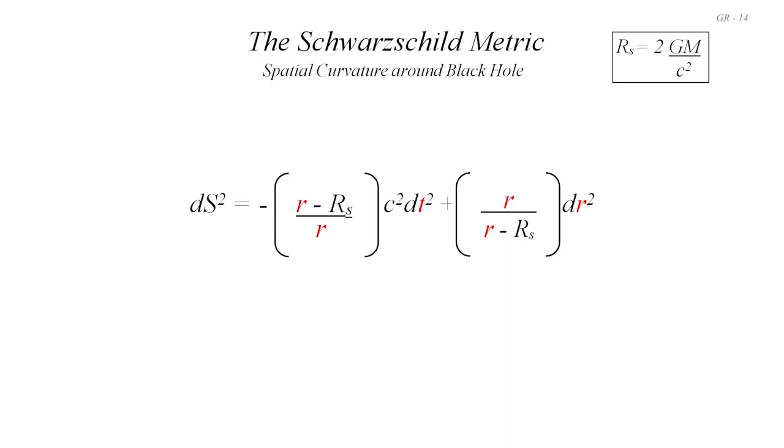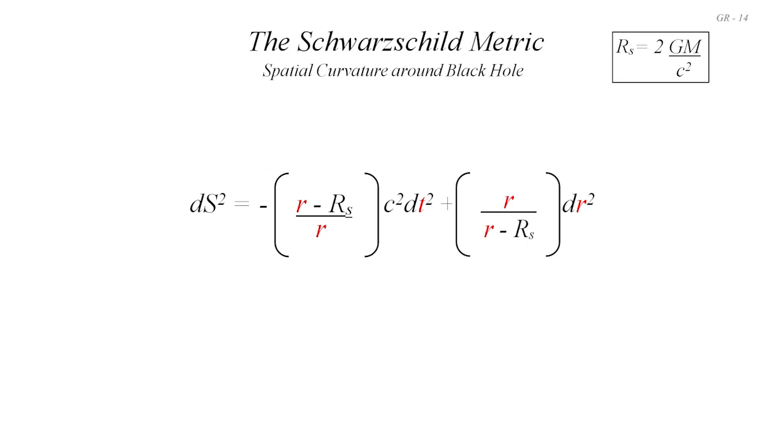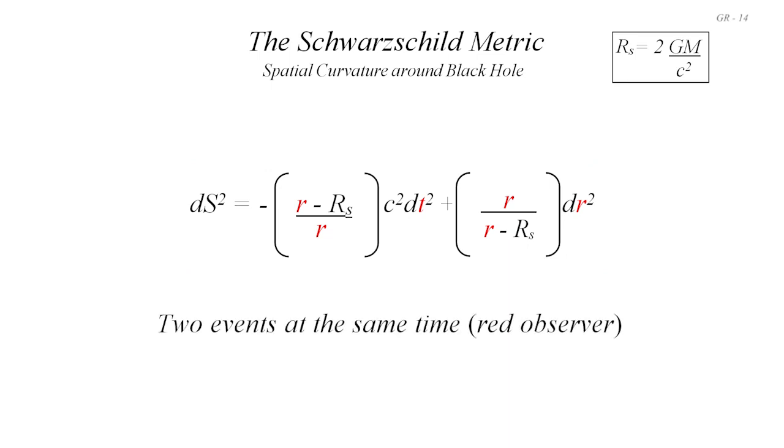Now, in order to look at the spatial curvature around a black hole, we'll concentrate on this last version of the space-time interval formula, and let's suppose that we had two events that were measured to take place at the same time by the outside red observer. That would mean that dt, their measurement of the time difference between the two events, would be 0.